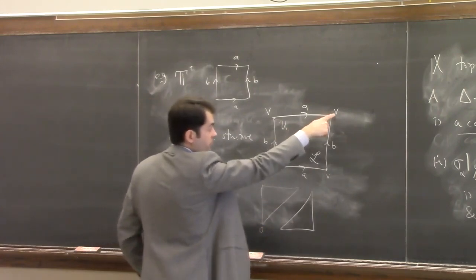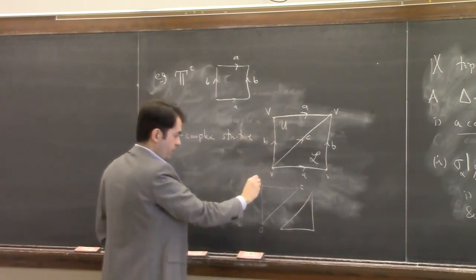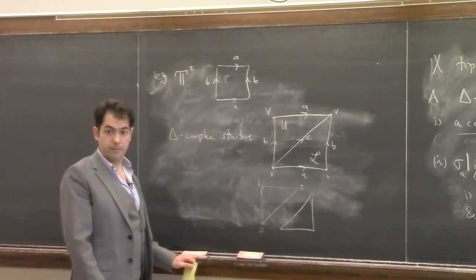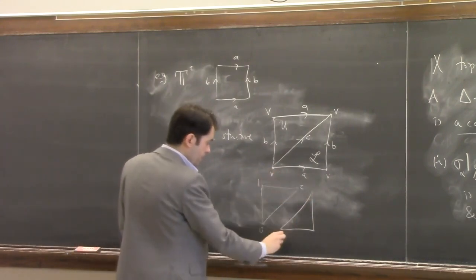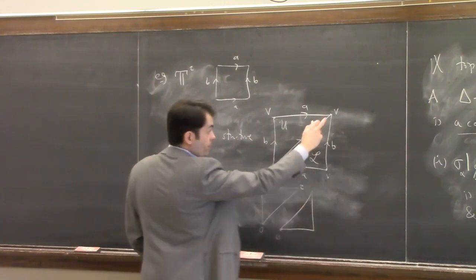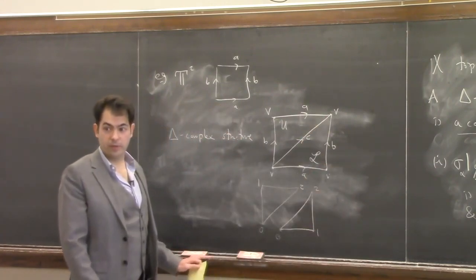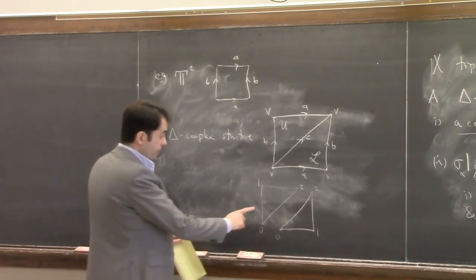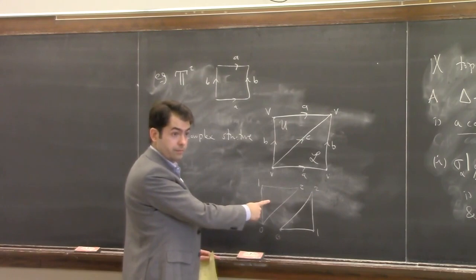Both arrows enter this one, so that's got to be 2. And then this one has one that comes in, one that comes out, so that's got to be 1. Same thing over here. This one has to be 0. This one has to be 2. This one has to be 1. Right? So here is the standard 2 simplex.